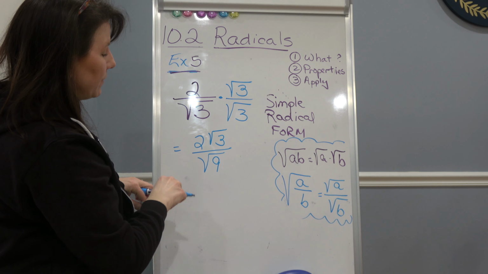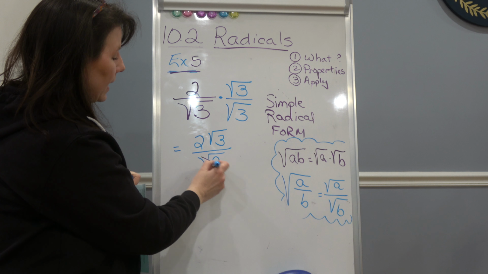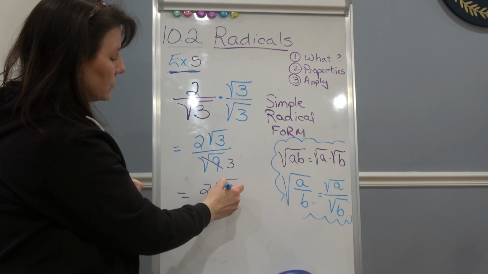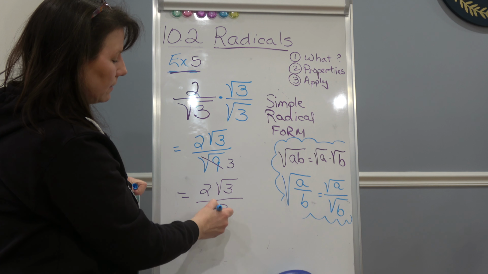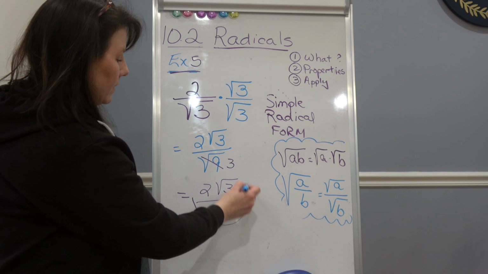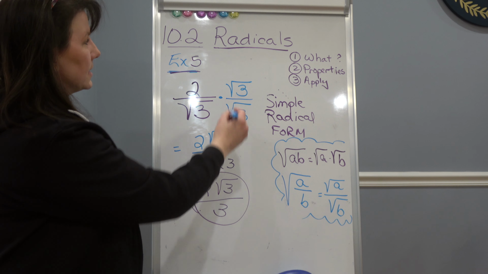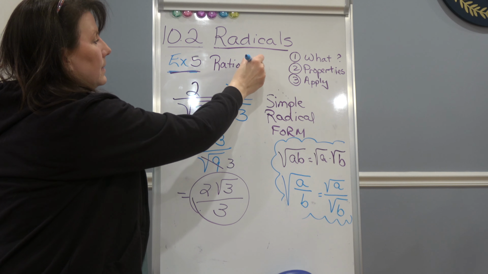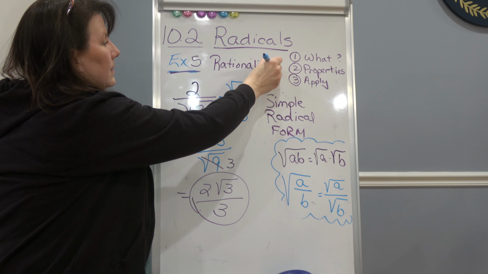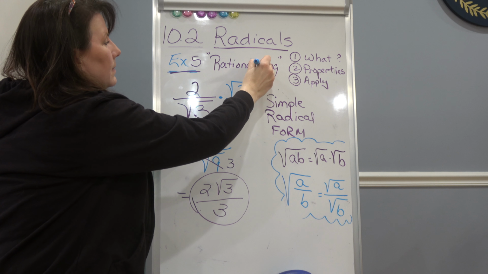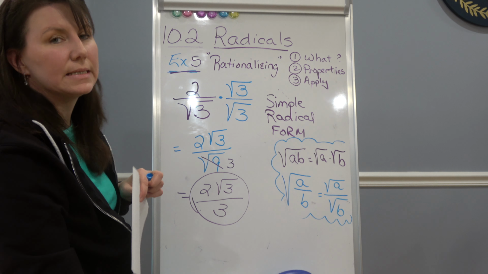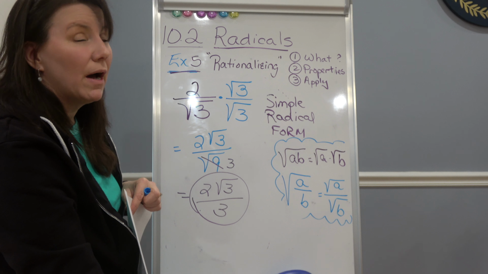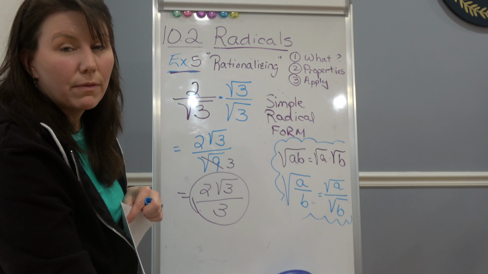And this can be simplified because the square root of 9 is 3. So we would have 2 square roots of 3 divided by 3. So this is called rationalizing the denominator.